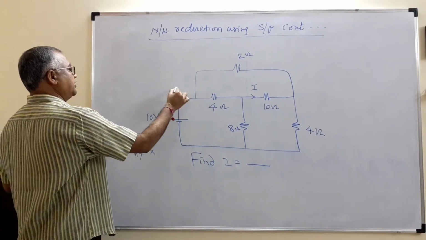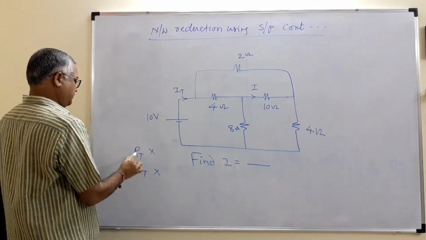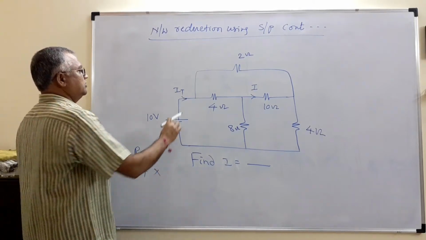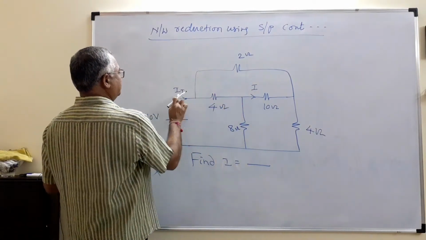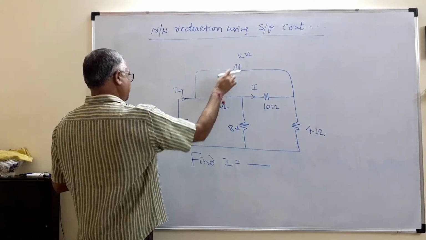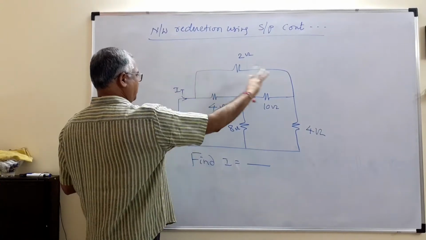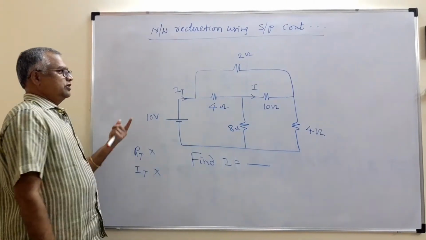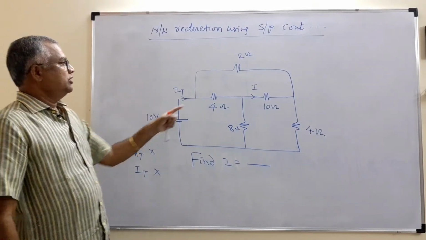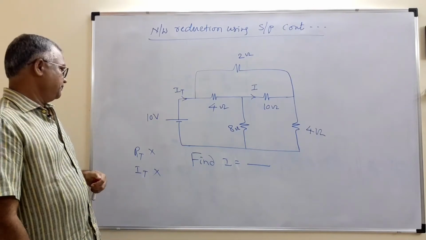Then total current IT is not possible. If this is not possible, obviously total current is not possible. Then you can't use current division. If you don't know this value and these two are anyway not parallel, if you think parallel, you can apply current division. But current division you can't apply because total current is unknown, and moreover they are not parallel. So that is the specialty of the problem.